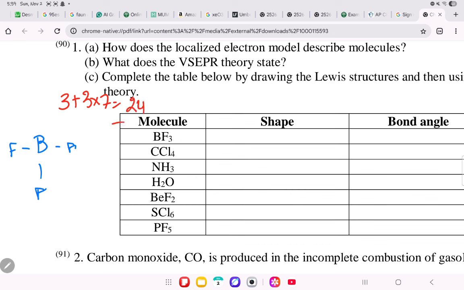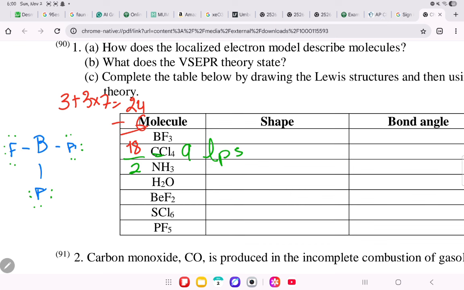We subtract from it 6 electrons. Why? Because we used 3 bonded pairs, so 24 minus 6. Let me just do it quickly on the calculator. That's going to give us an answer of 18. That means we have 18 electrons divided by 2. That means 9 lone pairs. So 1, 2, 3, 4, 5, 6, 7, 8, 9.